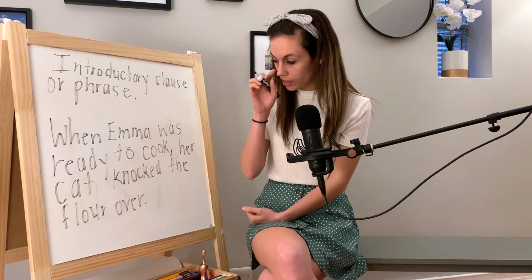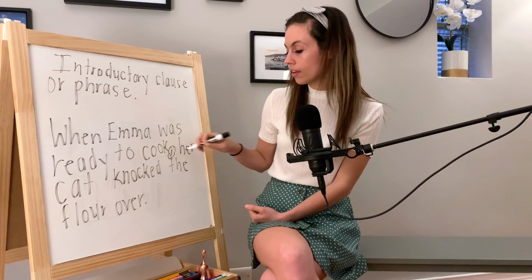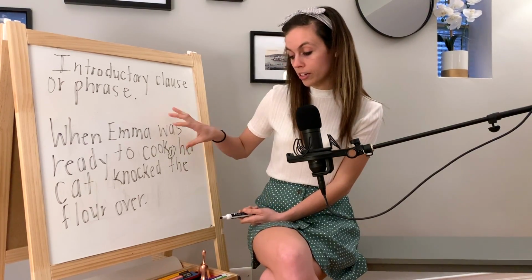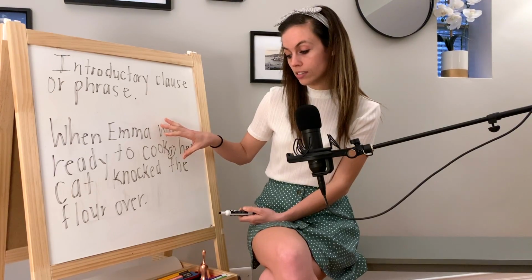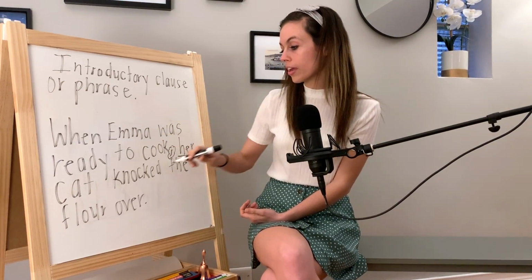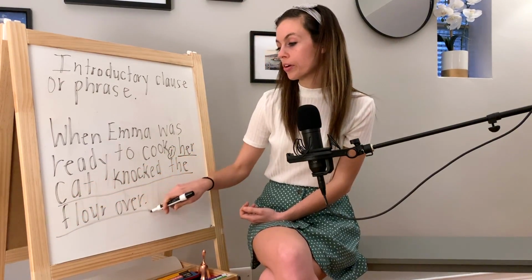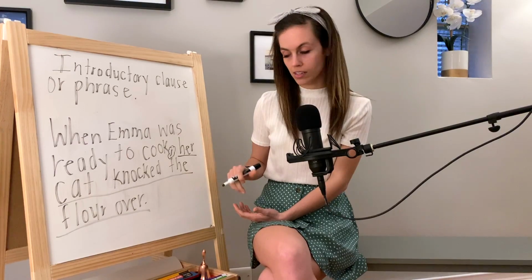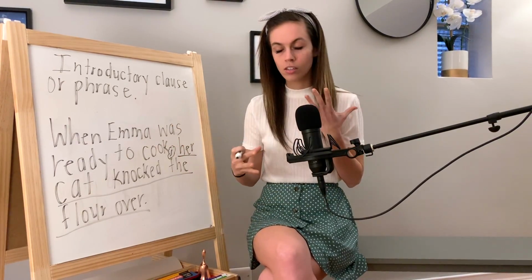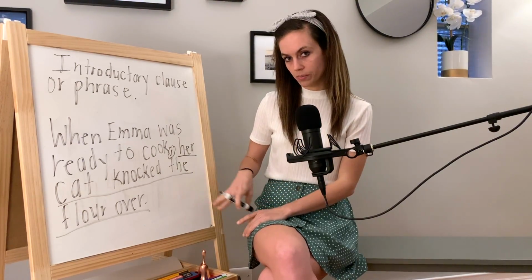Okay, so if we look here, we used our comma right here, and we used it there because the comma here is telling us that the main part of the sentence is about to come. So her cat knocked the flour over is the main part of the sentence. This is just kind of like an introduction to what the sentence is really about, the important part.